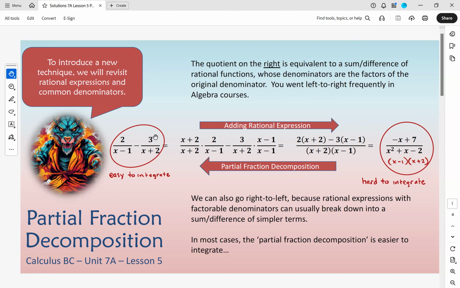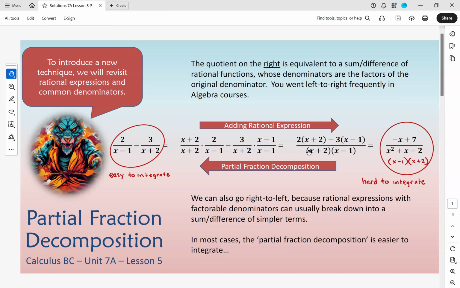Starting on the left, we see two rational expressions with different denominators. We want to subtract one from the other. To do that, we need a common denominator. We see all that work here, just like you would see in an algebra class, and eventually, we have a simplified result over on the right side.